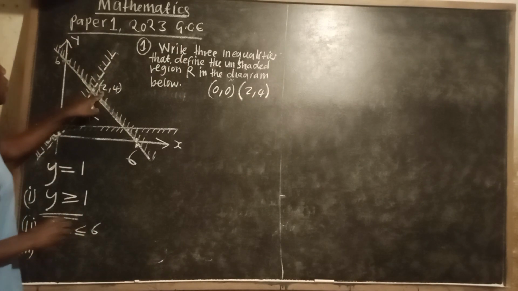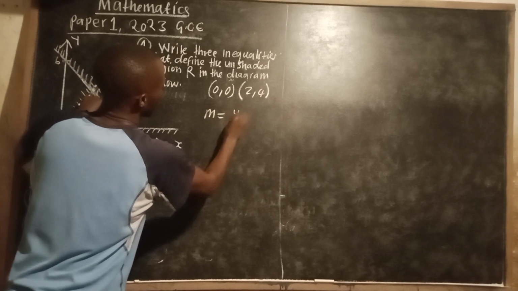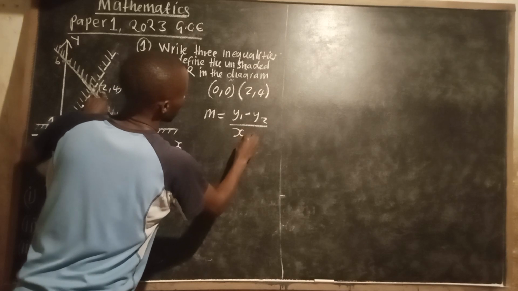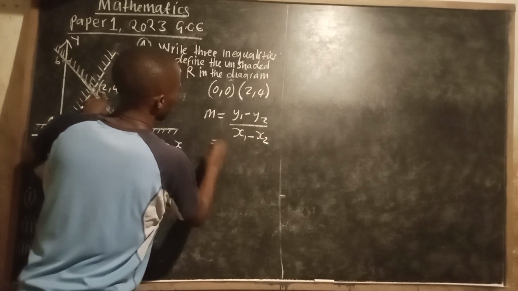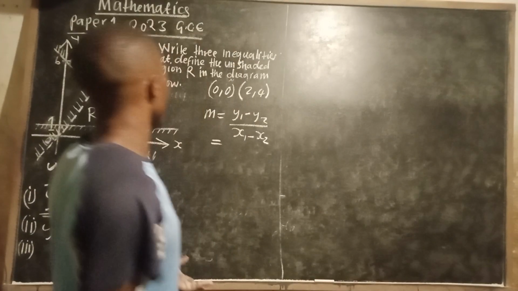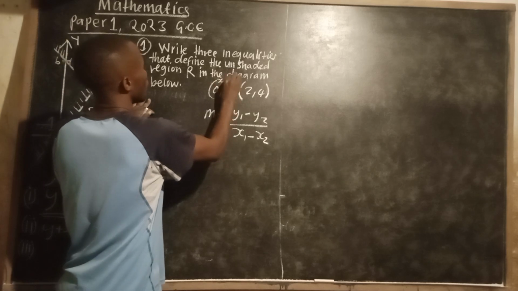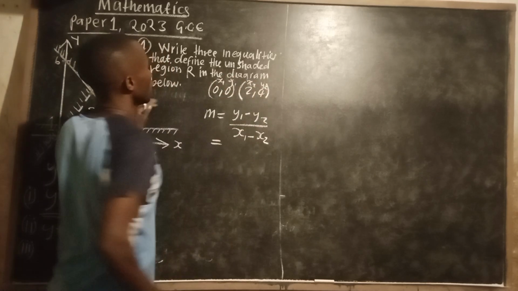Then from there, we are going to introduce the formula for gradient. This is the formula for gradient: difference in y over difference in x. So we can start substituting from there. How do we substitute? We name them first: x1, y1, x2, y2.